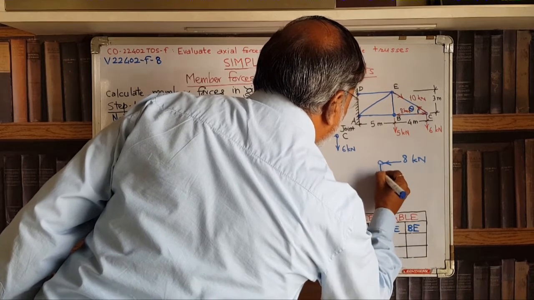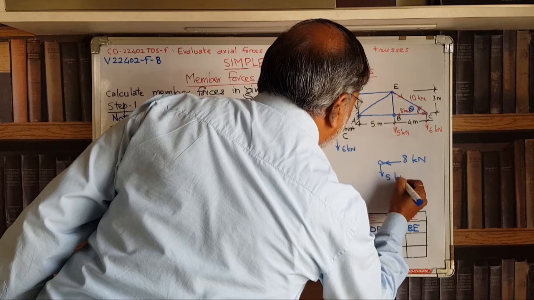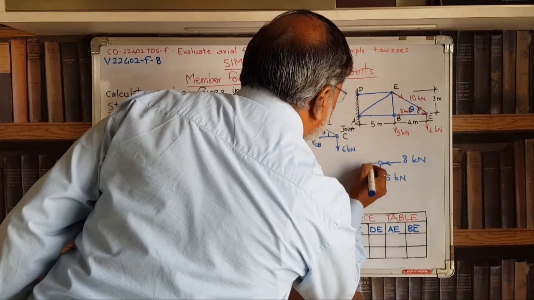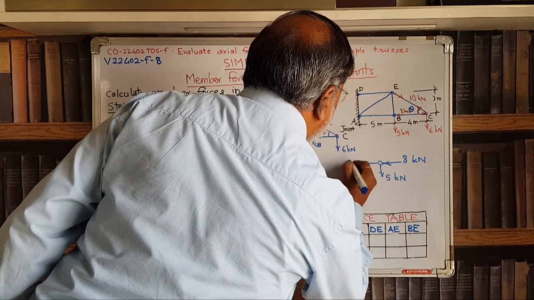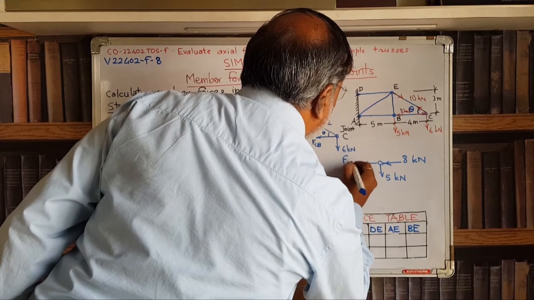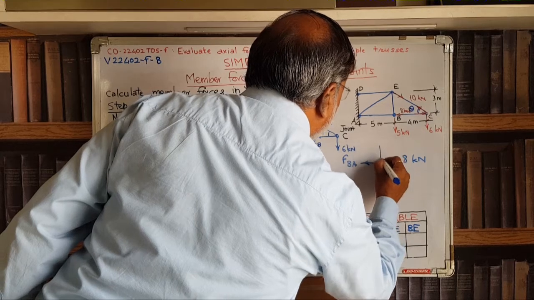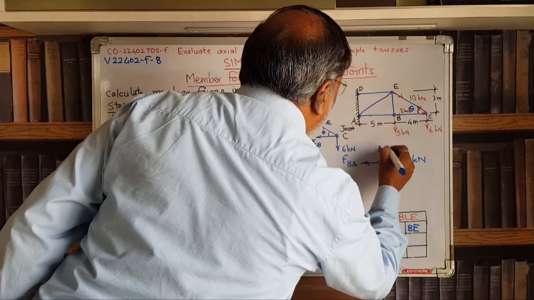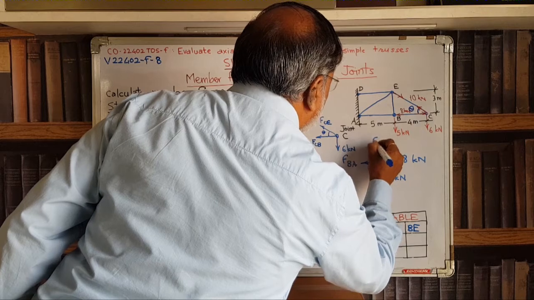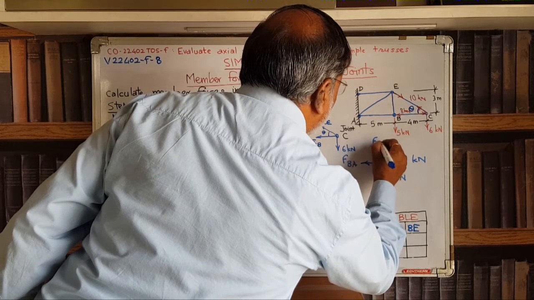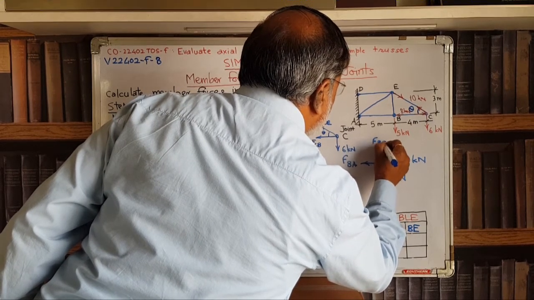There is a downward force of 5 kilonewton. This is an unknown force, so we will keep its direction like this as it is. So it is FBA, and there is a vertical force which direction is not known. So we will assume it as the direction away from the joint. So this is FBE.